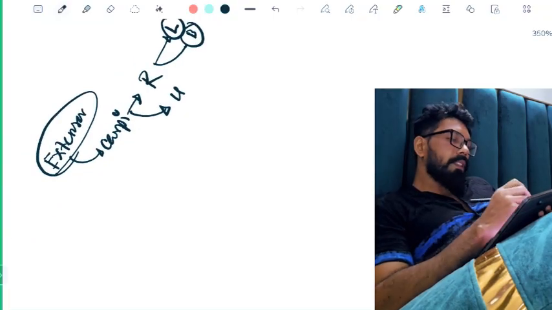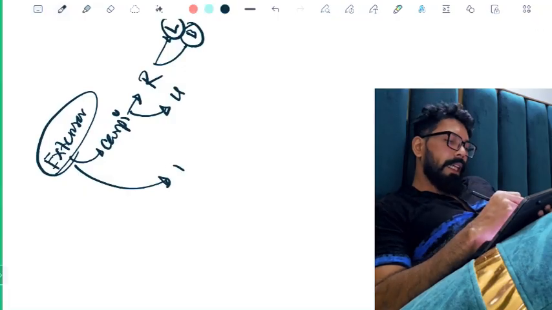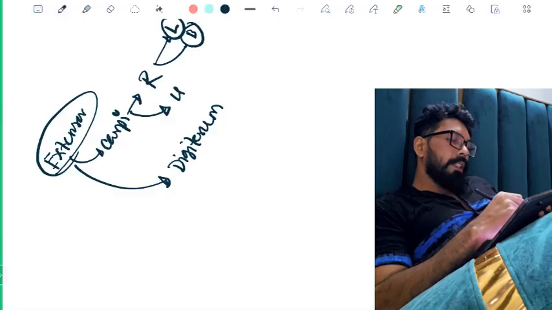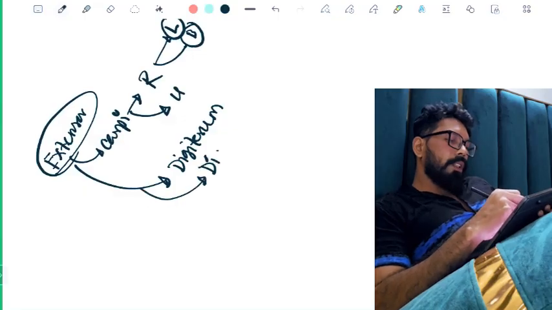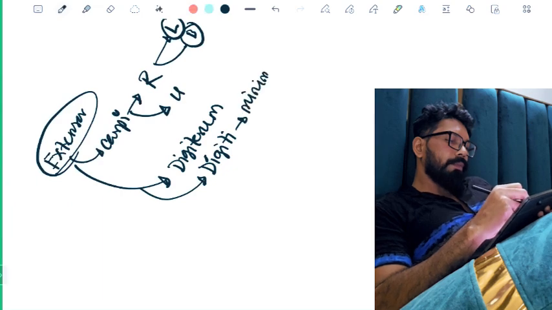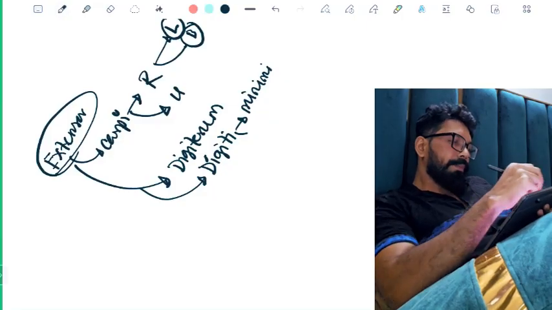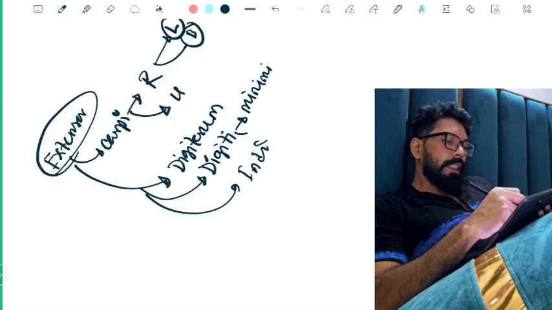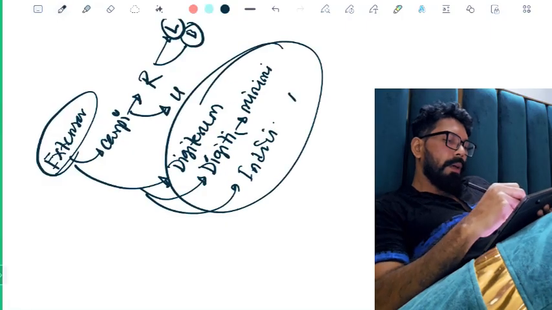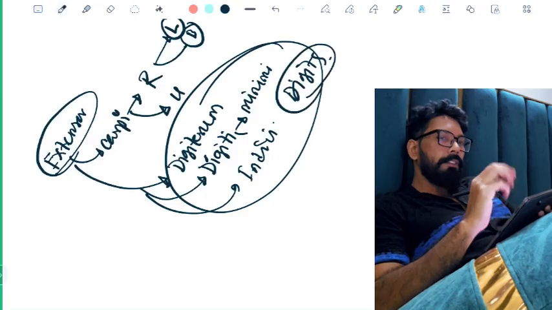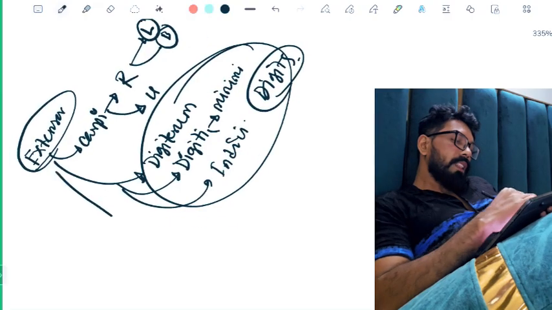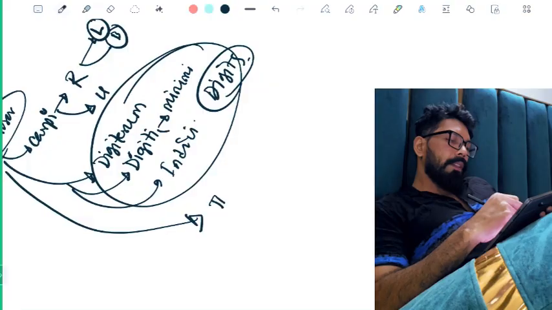Then up to digits, we have extensor digitorum, extensor digiti minimi, and extensor up to index, extensor indicis. So all of these are about digits. In digits we have three. Then we have the thumb.